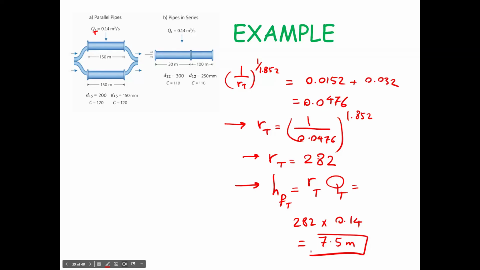The second part is the same. You just need to know the rule for series pipes. In this case, HF should be added together and the discharge is the same. So I will be faster writing the second one, but I think I need an extra slide for that.